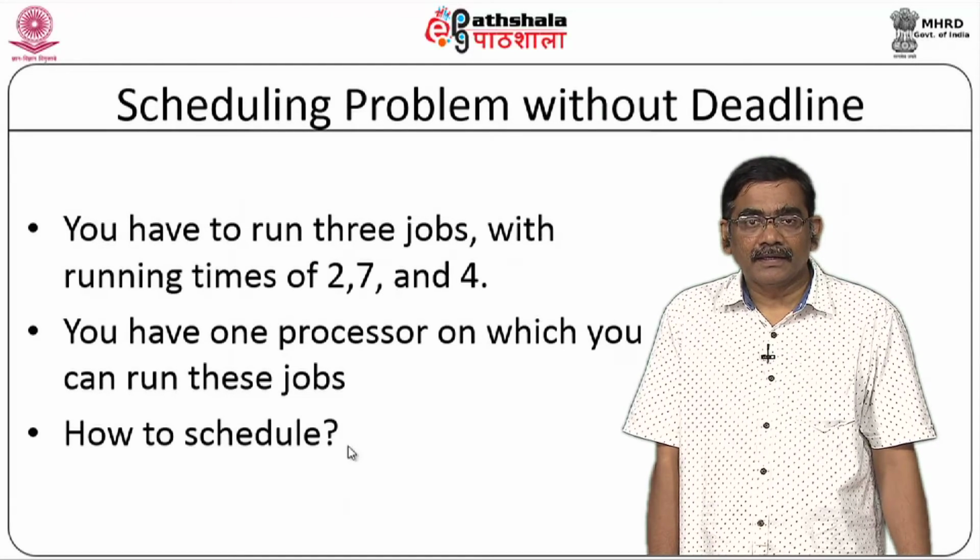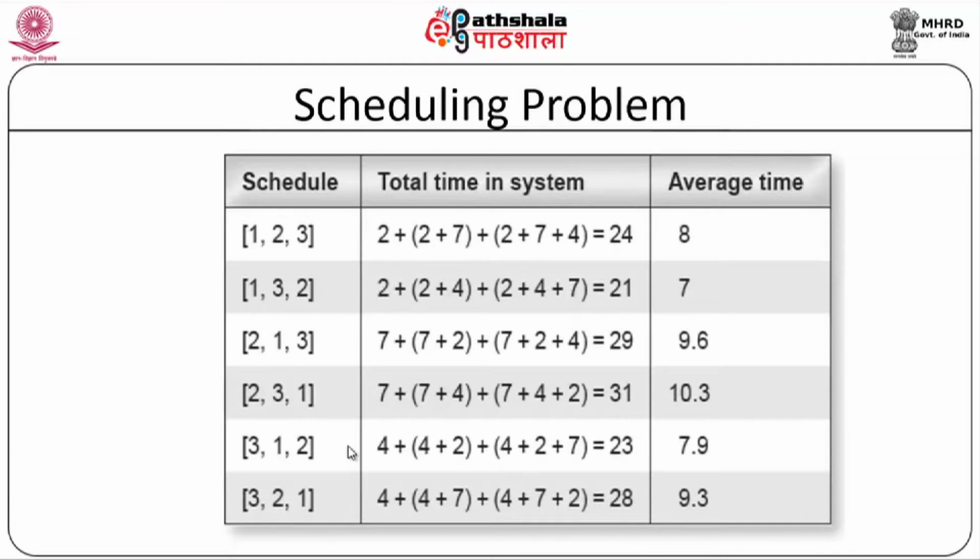This should tell us something very important. You can see that 2, 4 and 7 is in ascending order.